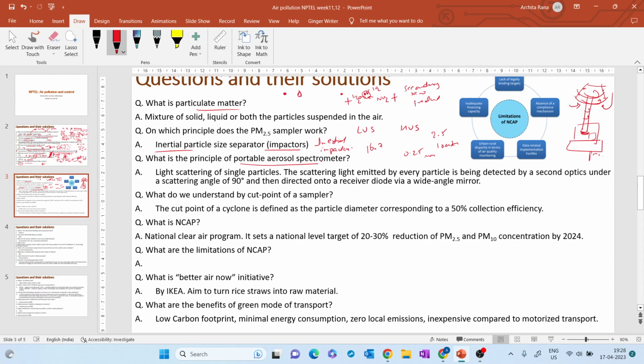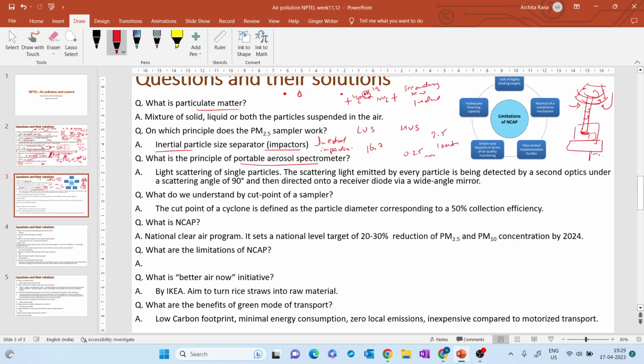It works on the principle of scattering. So you have a particle, they come, you have a filter, the light strikes, some of it is absorbed, and the other will be scattered back. The light which is reflected or scattered from the particle will be detected or measured at 90 degrees.